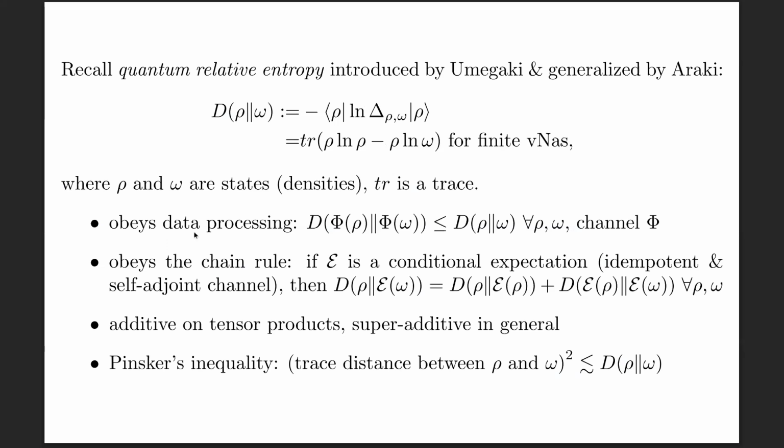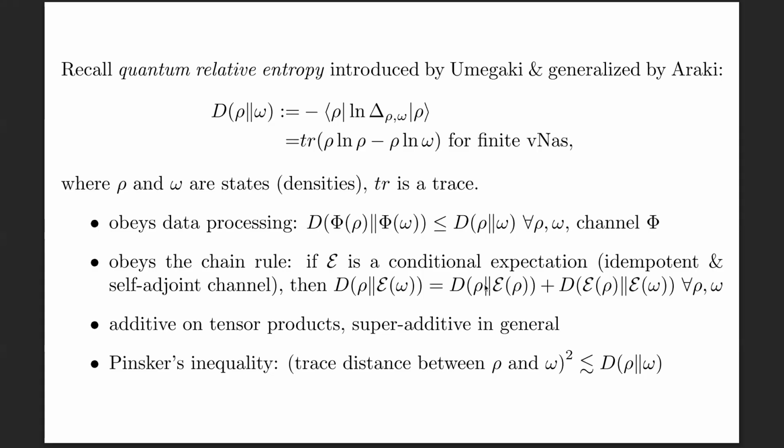But this has a bunch of nice properties. It is monotonic under applying channels to both arguments. The arguments should be states or densities in finite dimension. It has a chain rule.